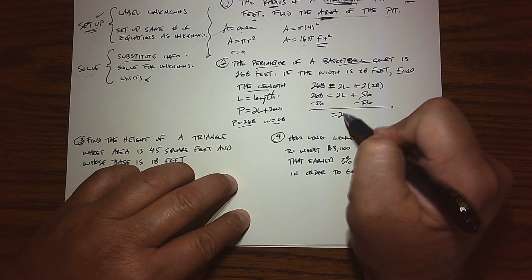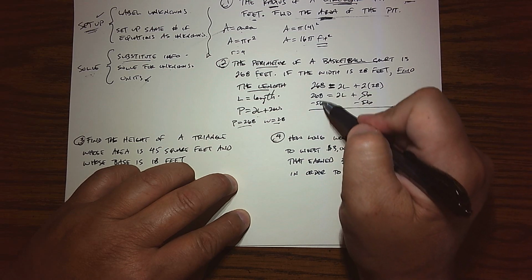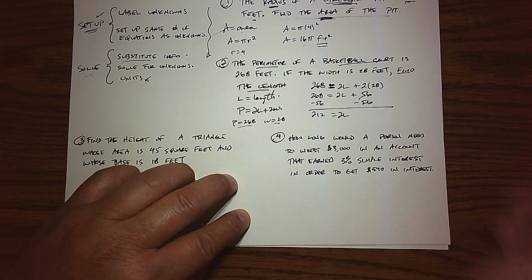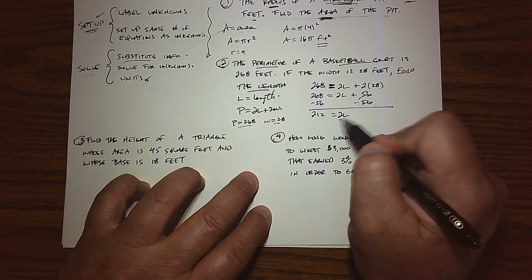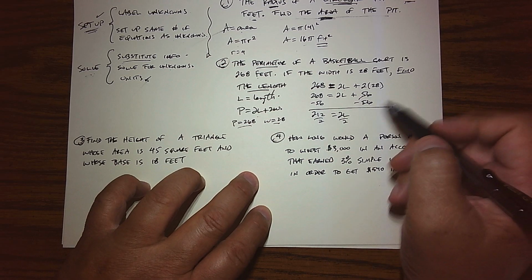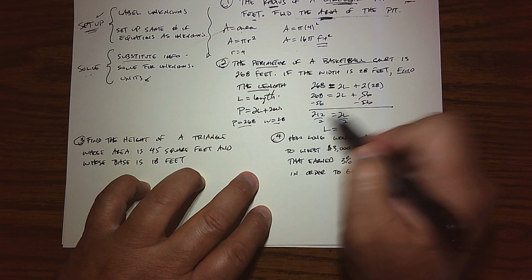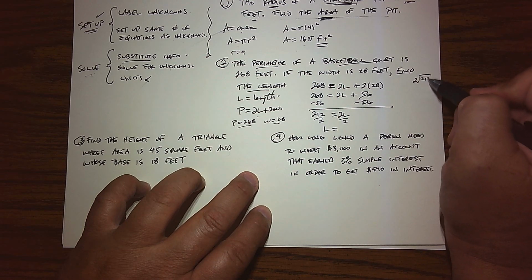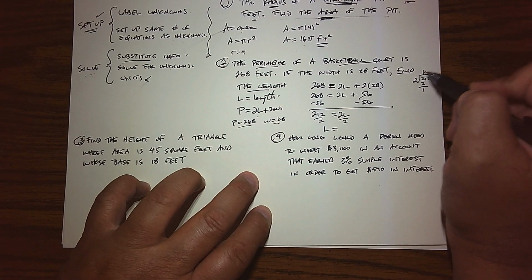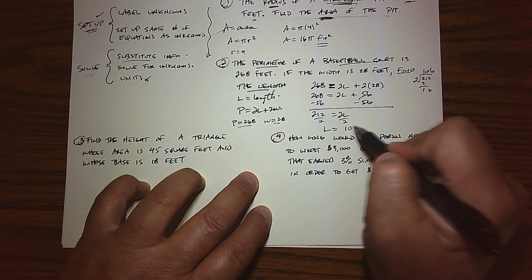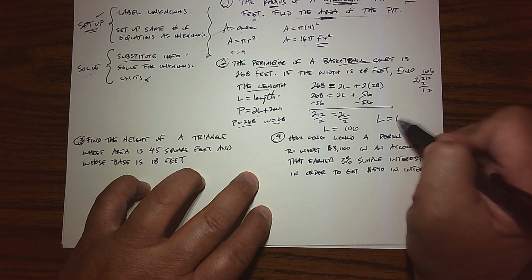That would give us 2L equals, and I think what we get there is 212. Let me check my 2, yeah. Then to get L by itself, I'll divide both sides by 2. Let me do a little bit of long division here. We get 106. All right, so L is 106.